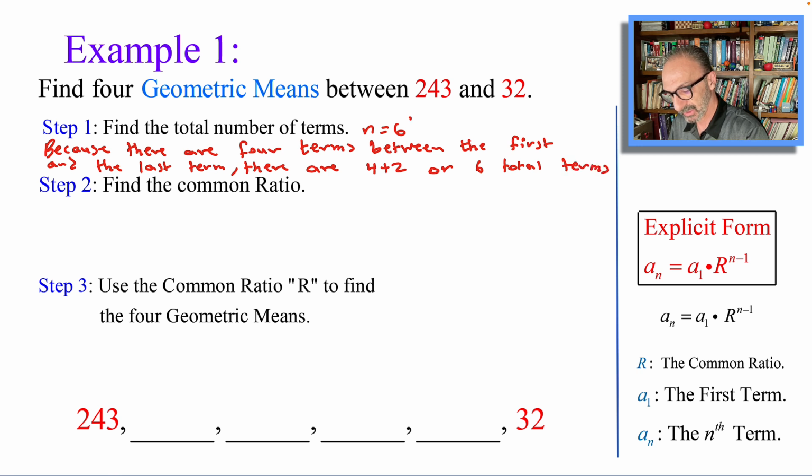In other words, n equals 6. And the picture at the bottom side shows that we have 6 terms.